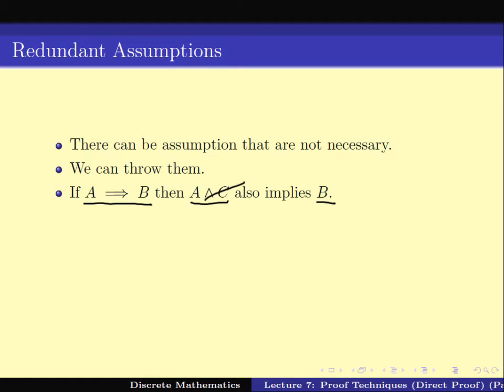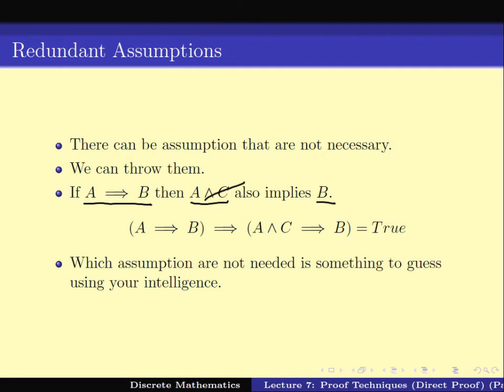So A implies B is good enough to prove A and C implies B. So one would need to find out the assumptions which are redundant and throw them. But which assumptions are not needed is something that can only come with practice or with your intelligence.